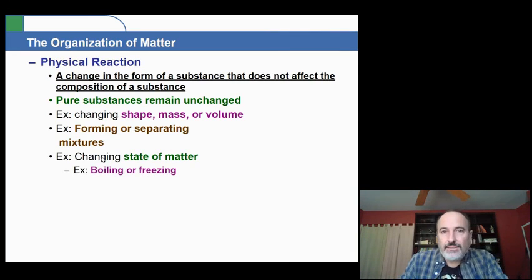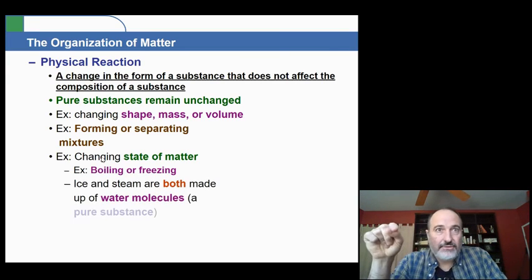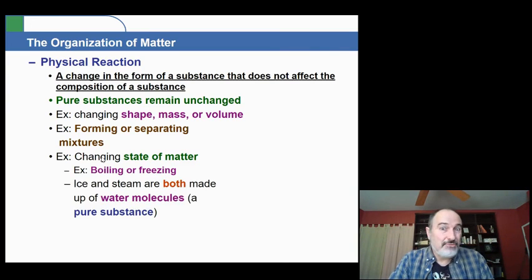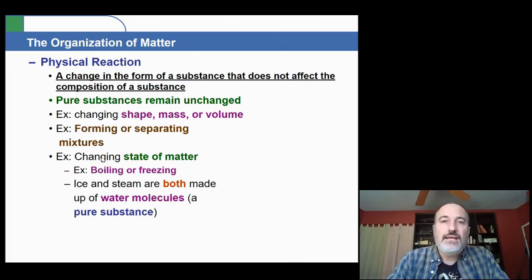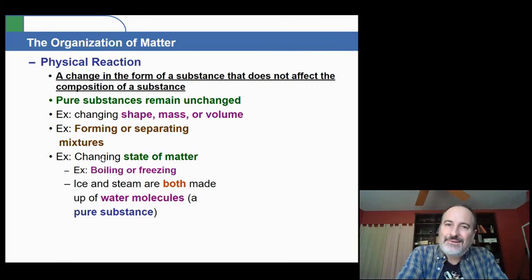Now, we're talking boiling or freezing something. All right? Ice and steam are both made out of water molecules, which is a pure substance. But if I take an ice cube and I melt it and have liquid water, it's still H2O. It's still water. If I boil it and turn it into steam or water vapor, it's still water.